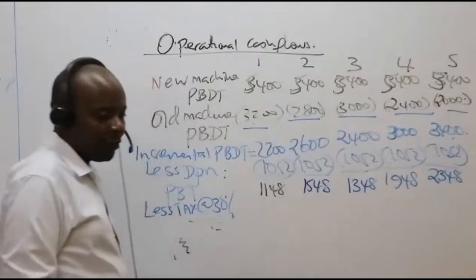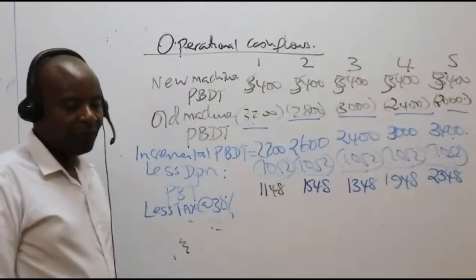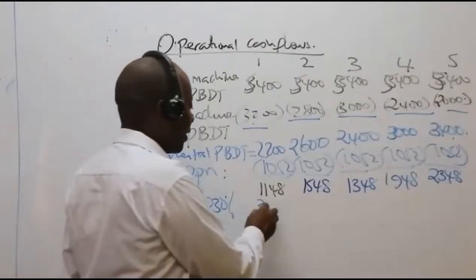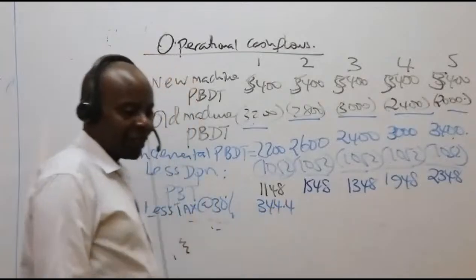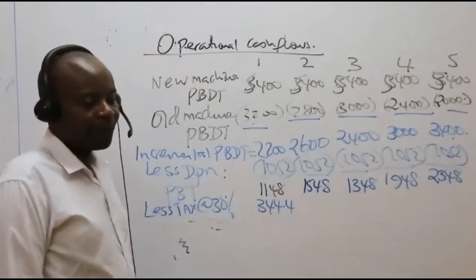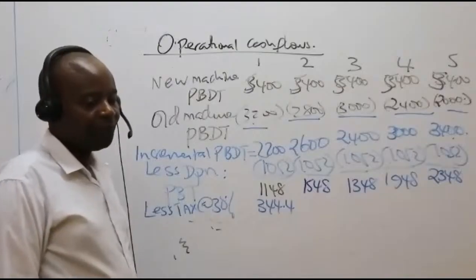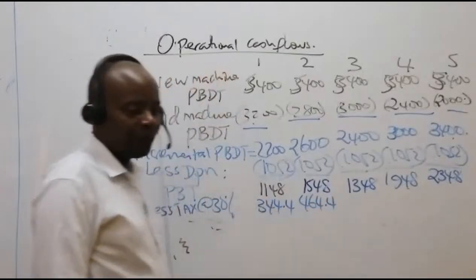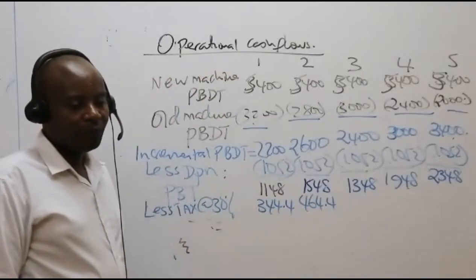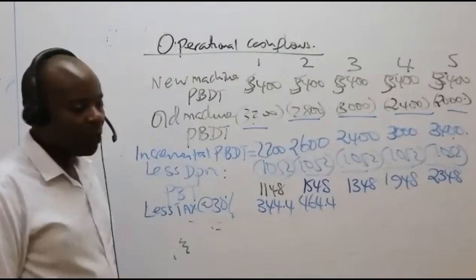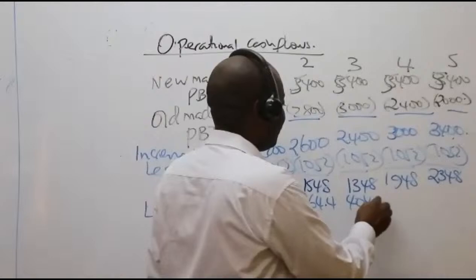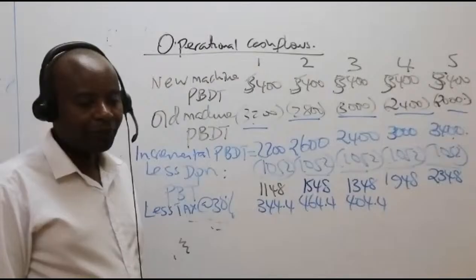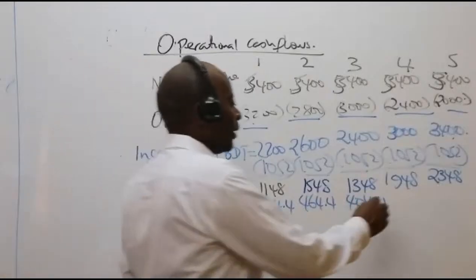So 30% of 1148 gives me what figure? 30% of 1148 gives me 344.4. Then 464.4, 404.4, 584.4.